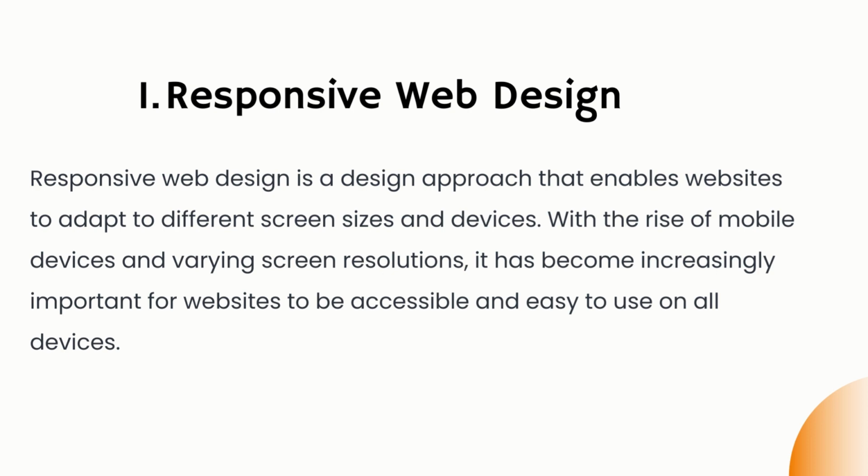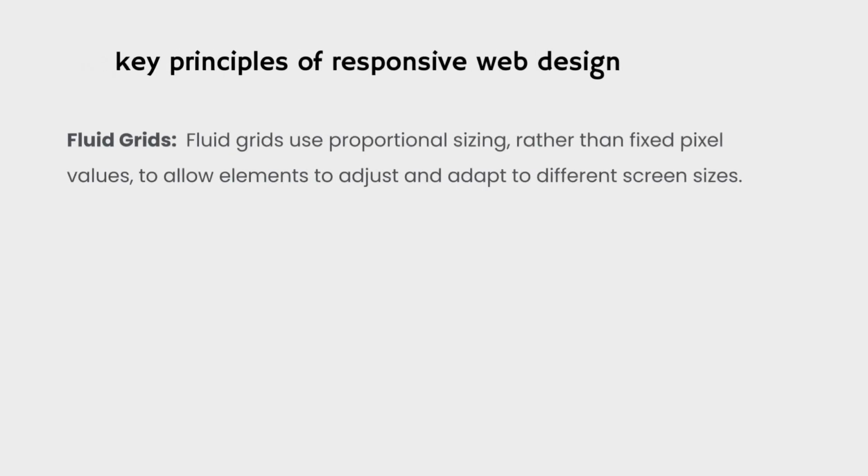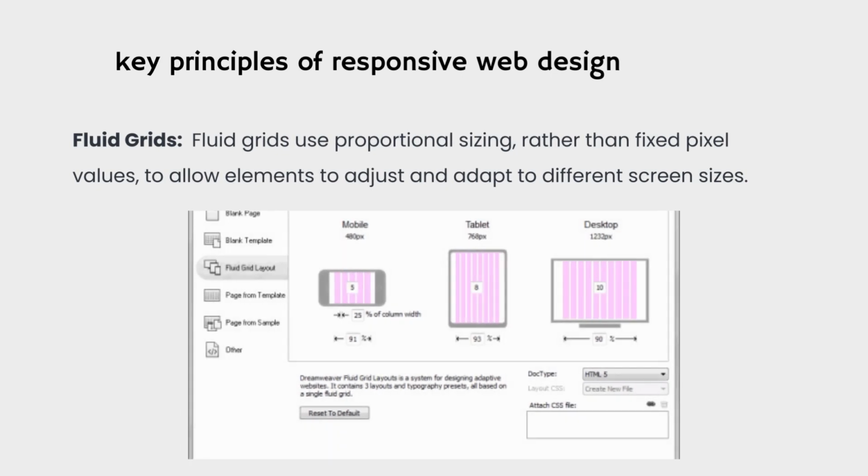So we want to take a look at the components of responsive web design. I think the first that we want to talk about is fluid grids. There are elements in web development called grids, right? And these grids contain items, they contain pictures, they contain content.